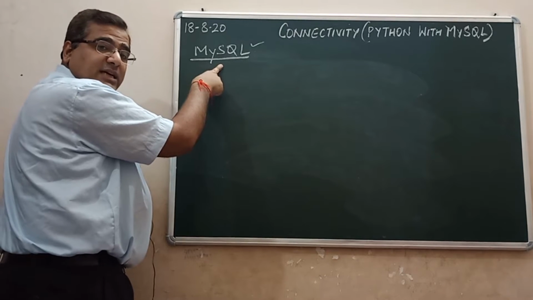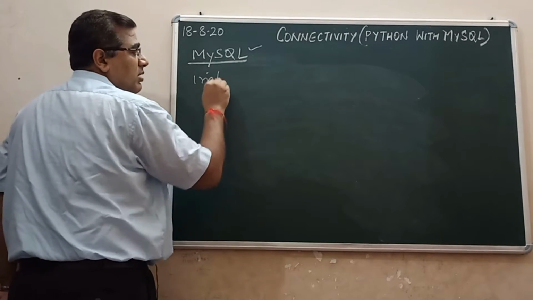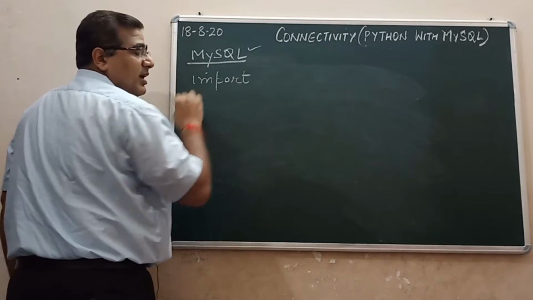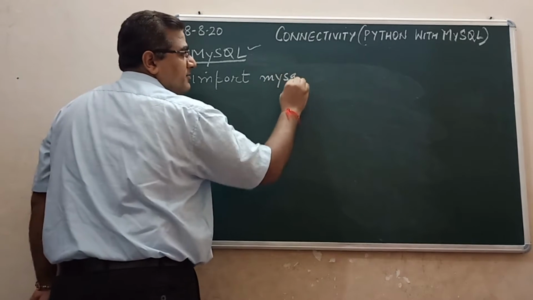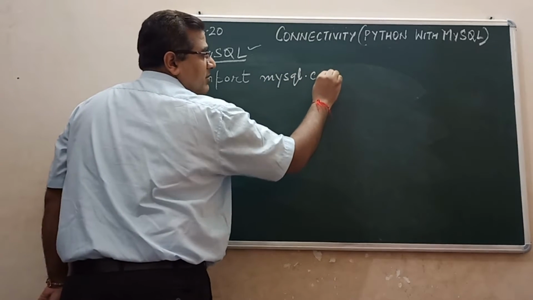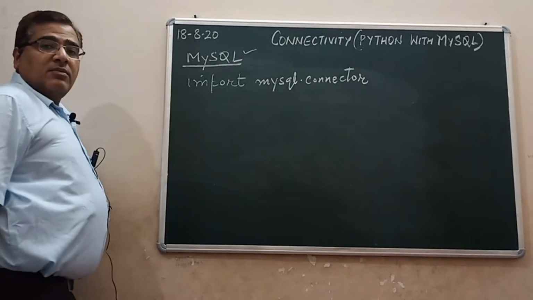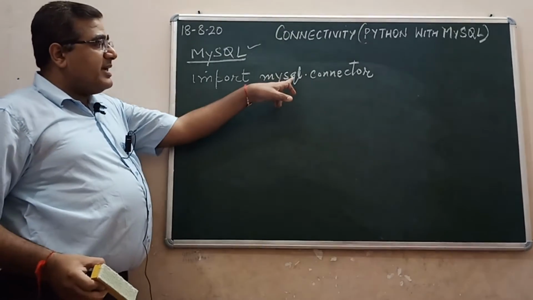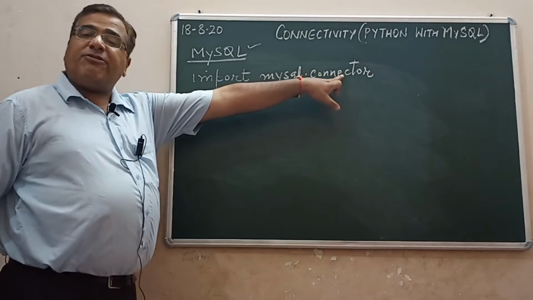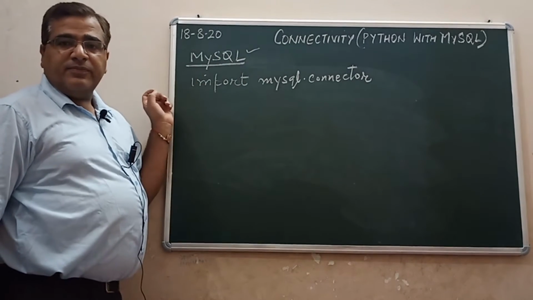For that, we have to import a very important module in our programming, and that module is called MySQL connector. We have to import this module MySQL.connector before we start making the program of connectivity.